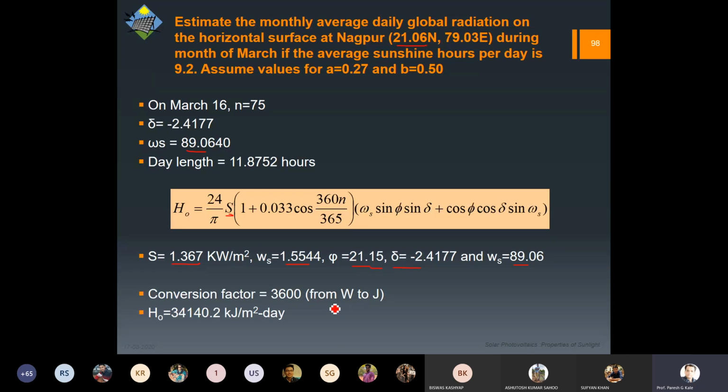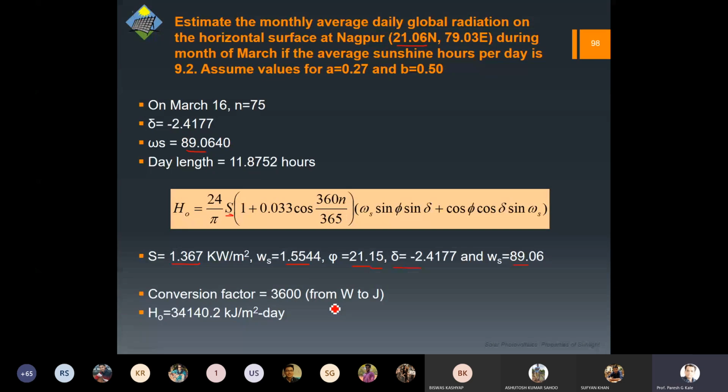If you are multiplying roughly by 3600, it will be roughly 35 megajoule per meter square a day, right? Roughly. So no need; if you are getting it in kilowatt hour, that's fine, because that is what we are more interested in. I just merely converted. So are all of you getting 10 point something? Yes, sir. Okay, fantastic.